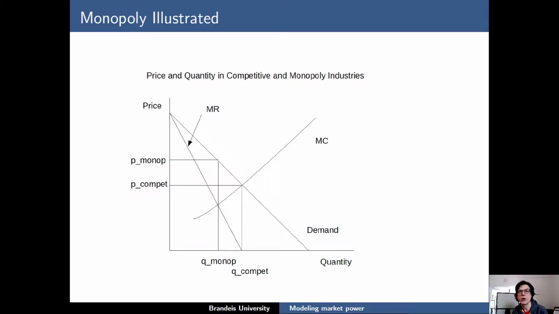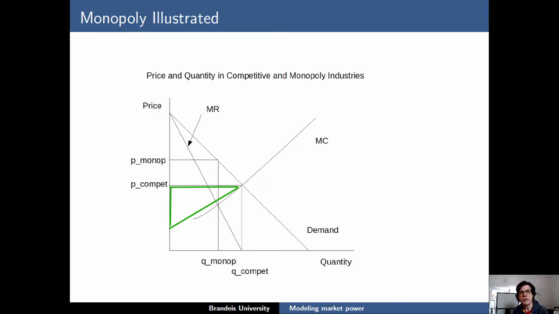And you can think about what the consumer surplus would be in the competitive market, and it would be a triangle above the competitive price and below the demand curve. You can also think about the producer surplus in a competitive market, which would be below the competitive price and above the supply or marginal cost curve.